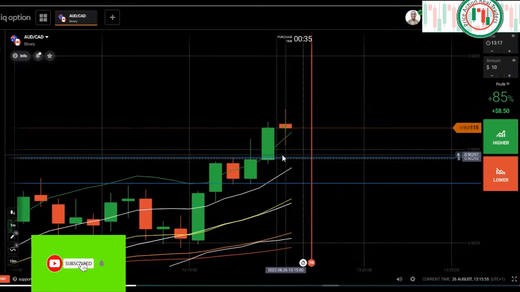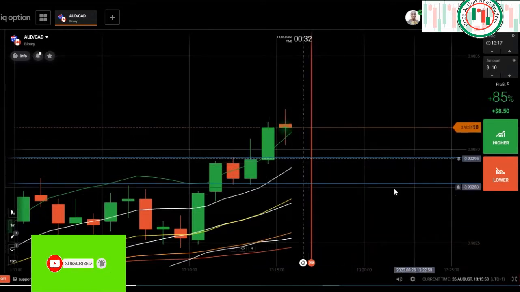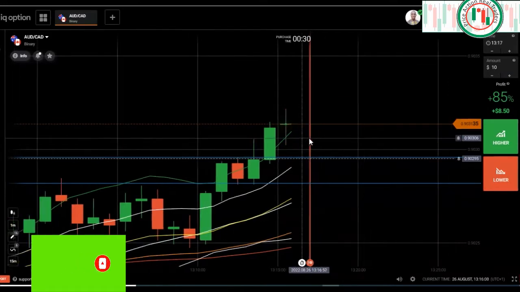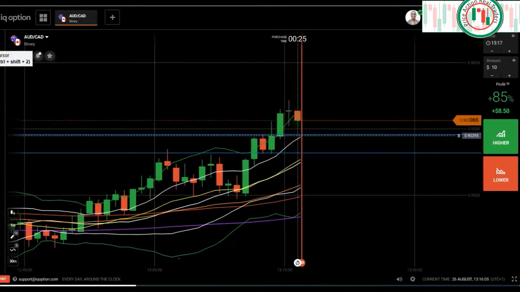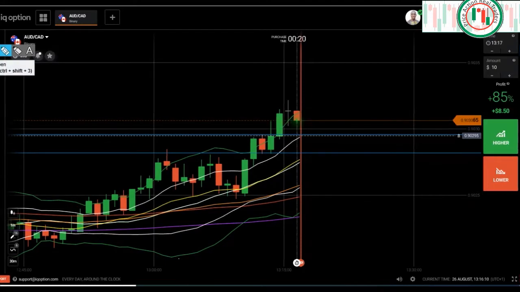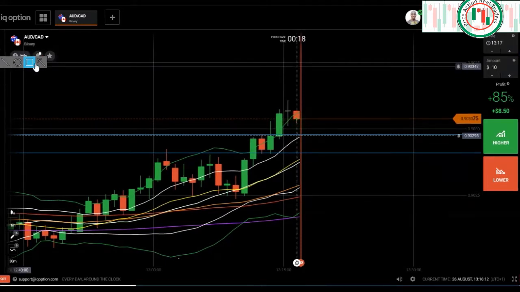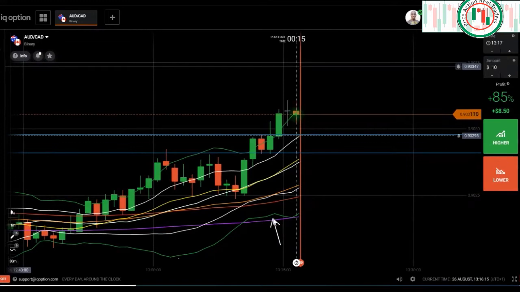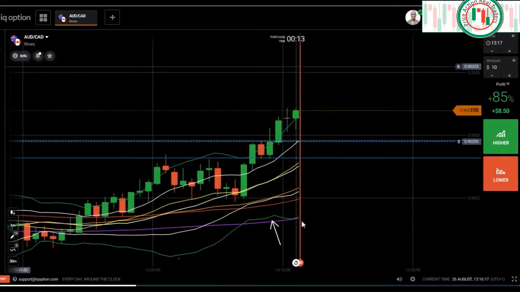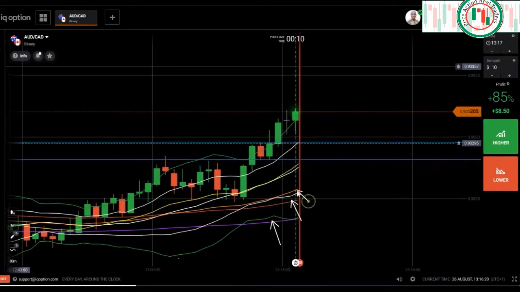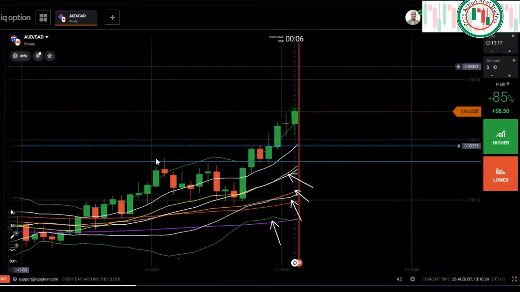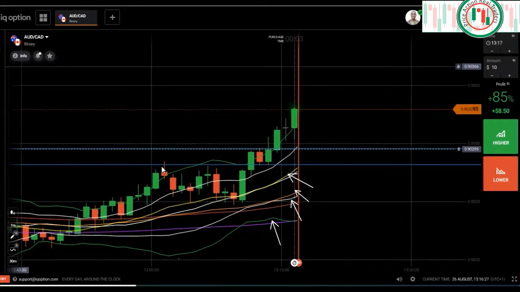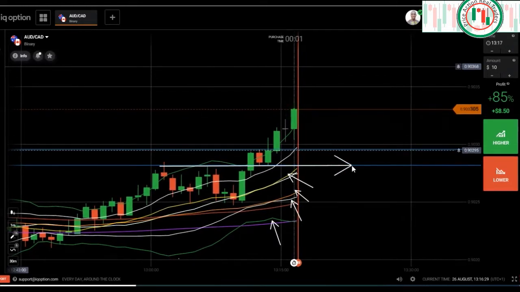When I see rejection, market touch this zone with the rejection, then I will place my trade call option because of the alignment of the EMA. Here you see, because here you see we have, here is our 200, here is 100, here is 50, here is 20, and this zone is above 20.